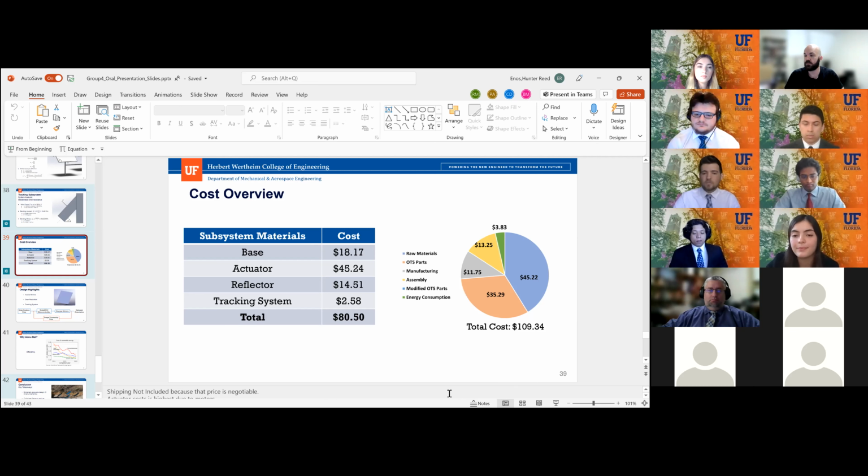Okay, and then you have two costs shown here for the total cost. Yes, so the cost on the left is for the material and the parts itself. The one thing it doesn't include is shipping, which we do have a cost breakdown of if you had questions. Like the base comes out to be about $3 for shipping. But the cost on the left includes the manufacturing cost, our assembly cost, and our energy consumption.